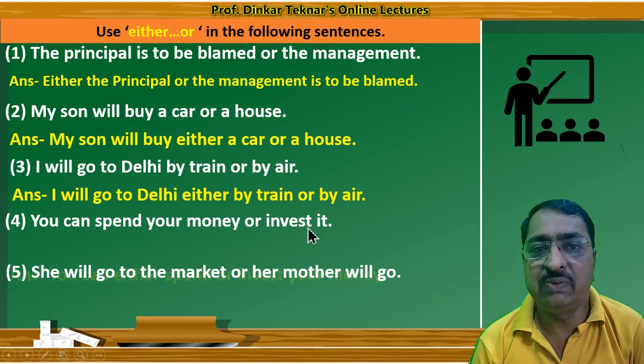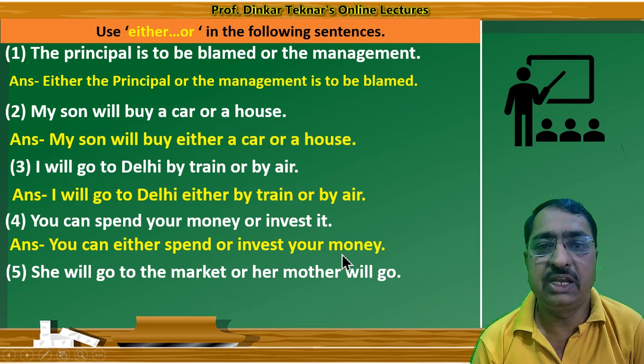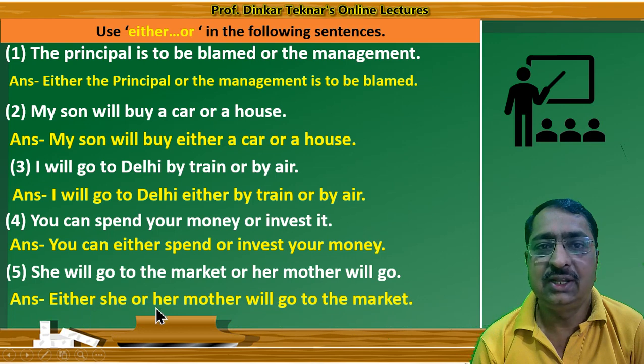So the answer will be you can either spend or invest your money. And the last sentence, she will go to the market or her mother will go. Here the choice is between she or her mother, the answer will be either she or her mother will go to the market.